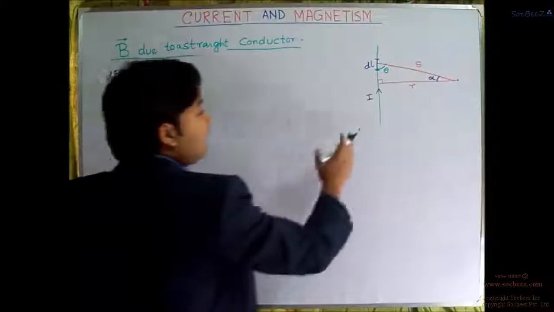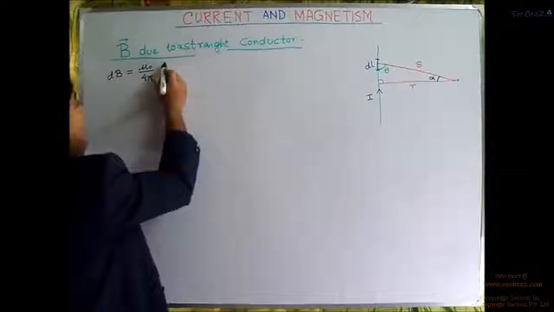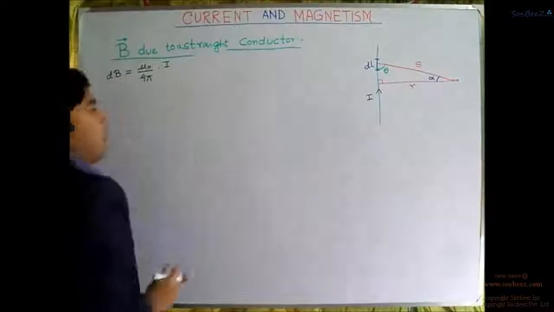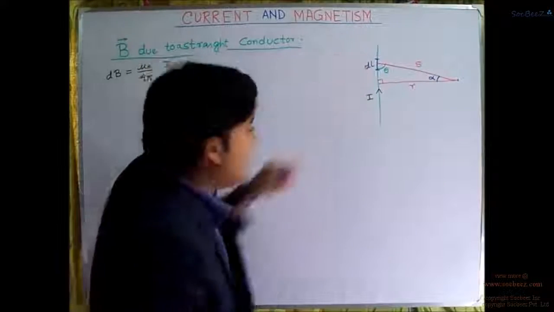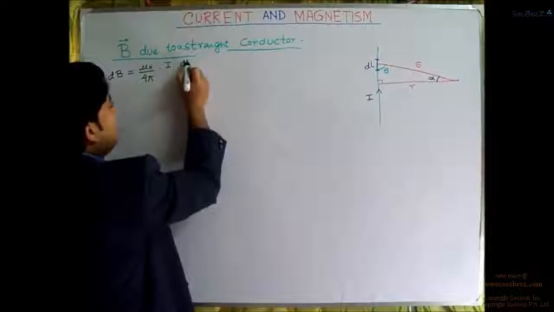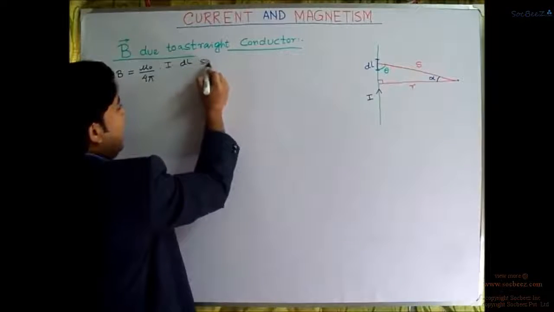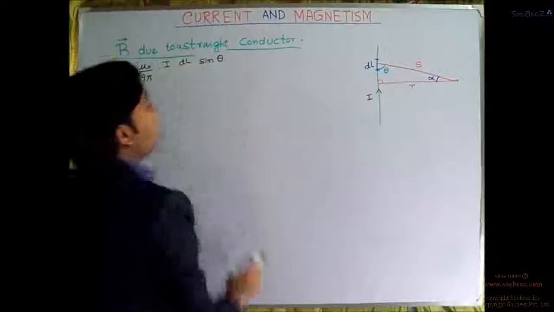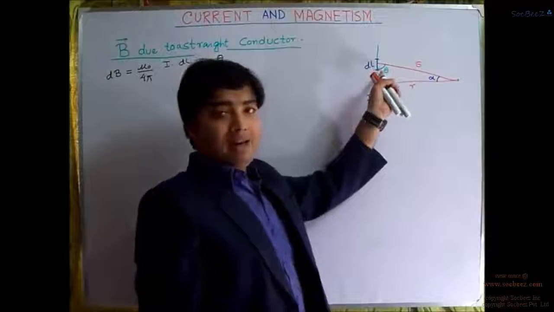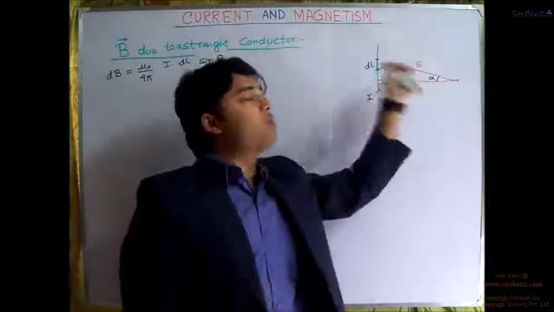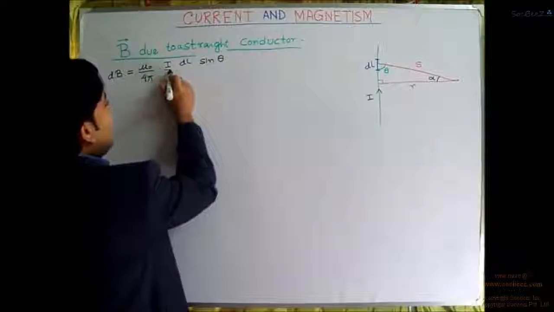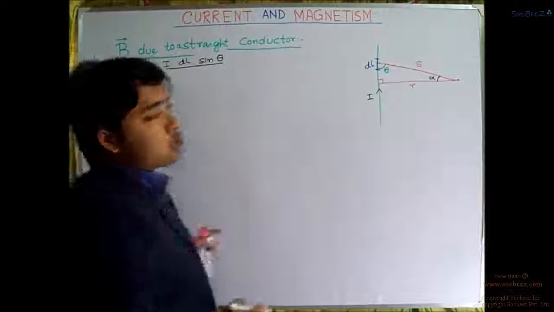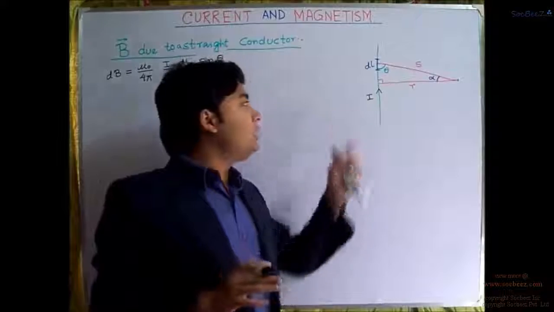So it will be I multiplied by the length of the conductor which has been taken into account, dl, sine of theta, because this is the angle between dl and the distance of separation, divided by the square of the distance of separation between them.